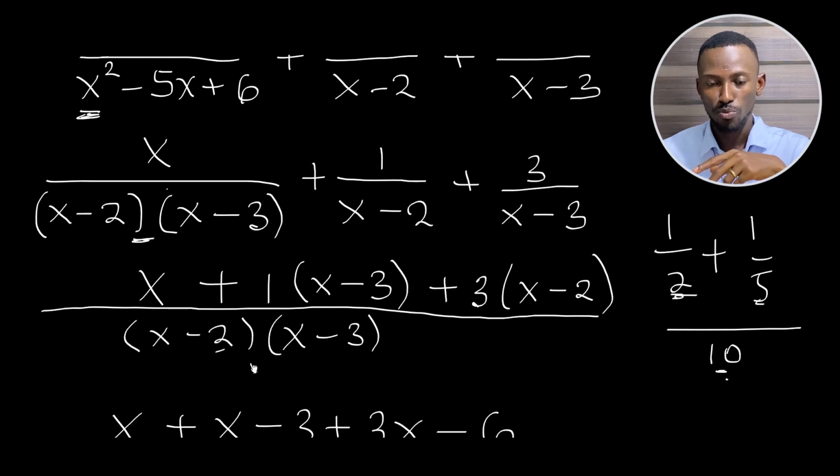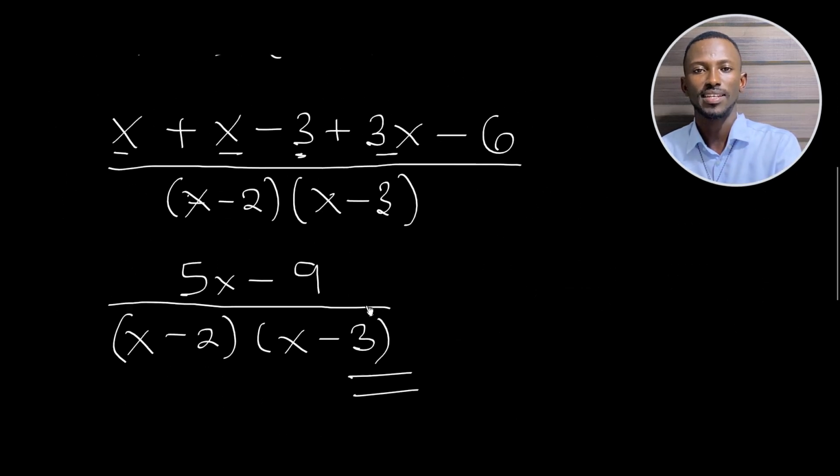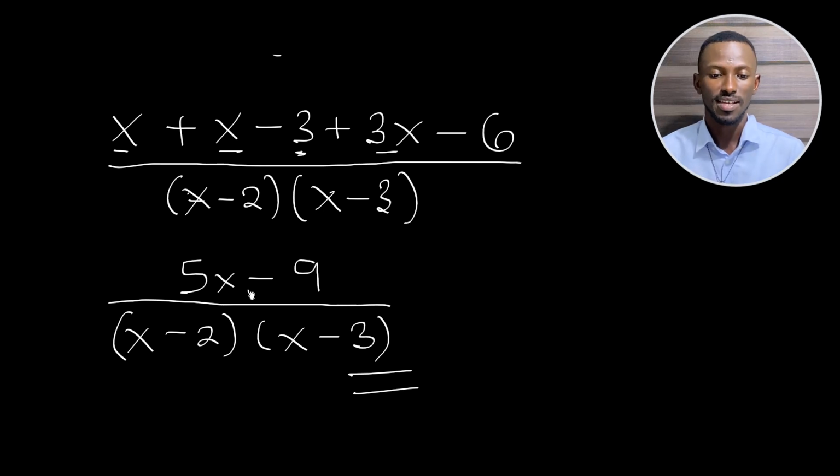We'll pick the LCM x minus 2, x minus 3, and divide it by the denominators one after the other. So this divided by this is 1, and that 1 times x is x. Then this divided by this. So we went through all of these processes and we ended up getting 5x minus 9 divided by x minus 2, x minus 3. So this is our final answer. Hopefully it makes sense to you.